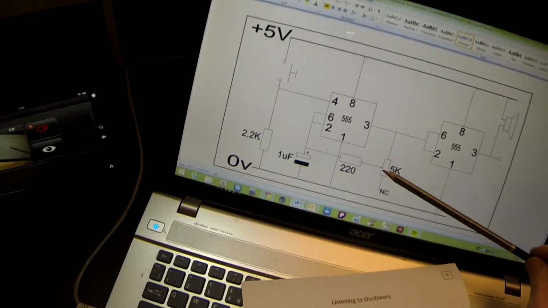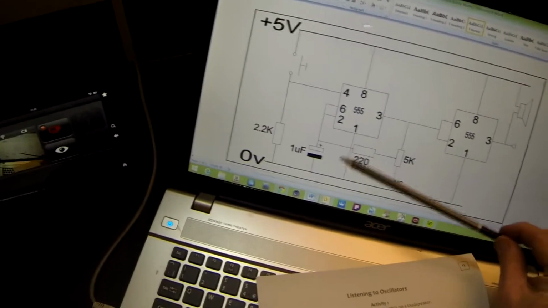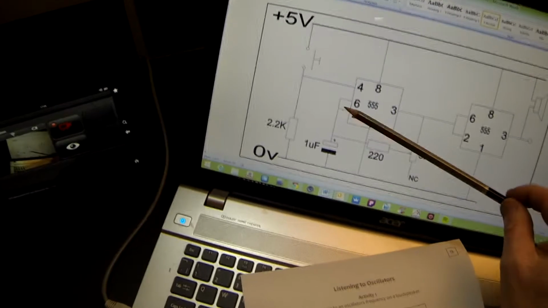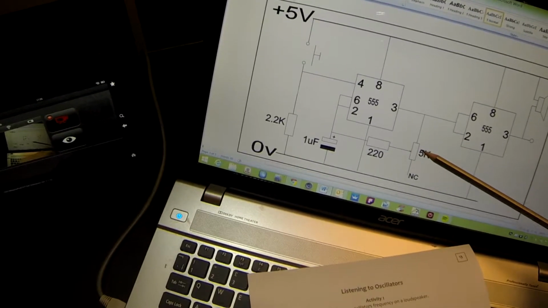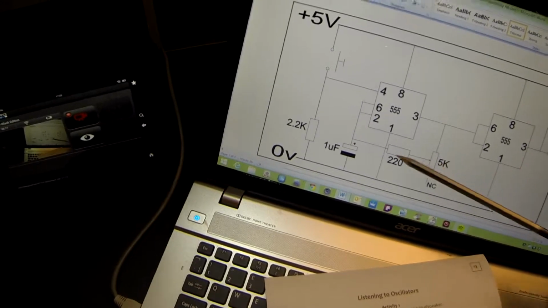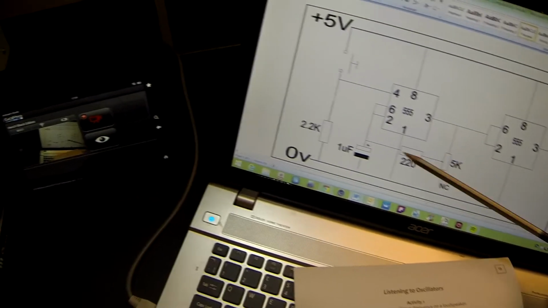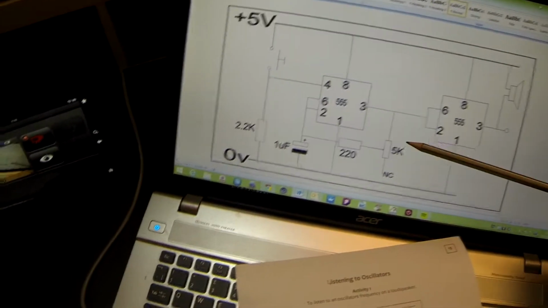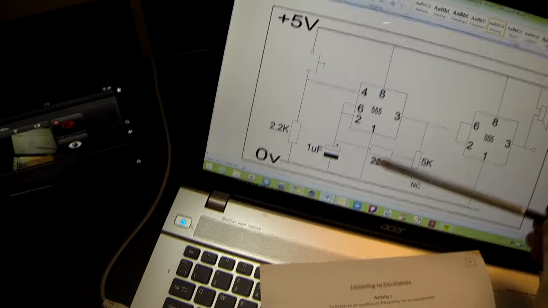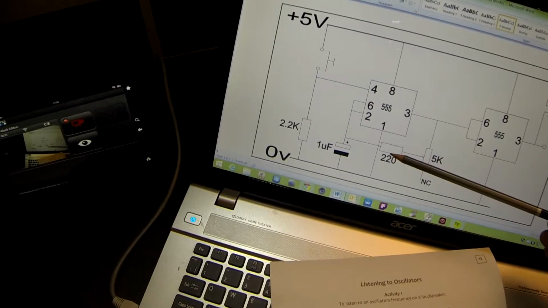But it is in series with this 220 ohm resistor. Now the reason that this 220 ohm resistor is in the circuit is because otherwise, when the variable was set to 0, if we didn't have that, it would just be a short circuit from the output back to the input, and that would do harm to the circuit. So this 220 ohm resistor is just producing enough resistance to stop anything getting damaged.